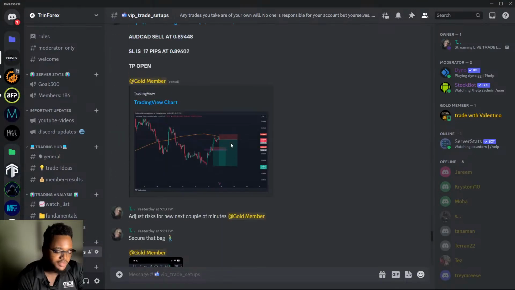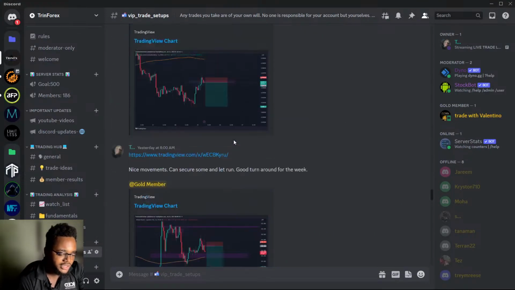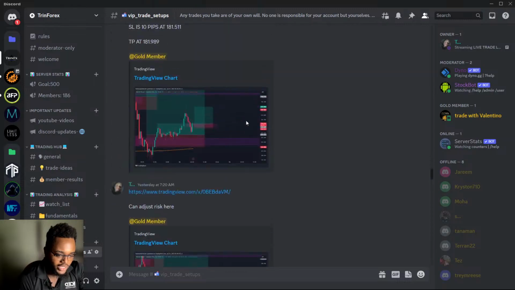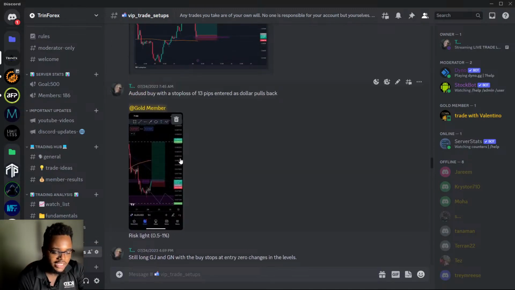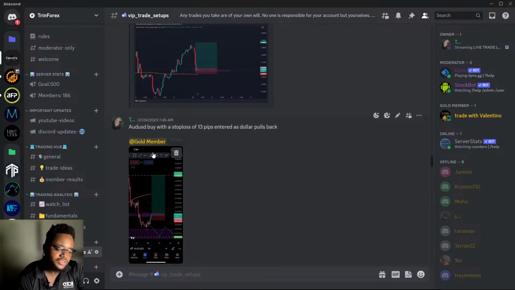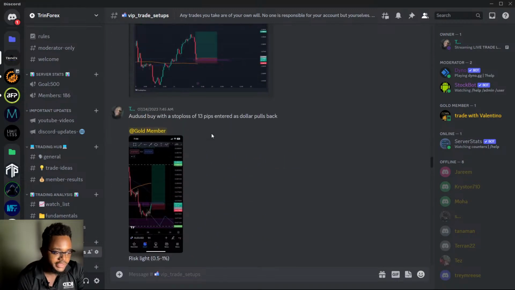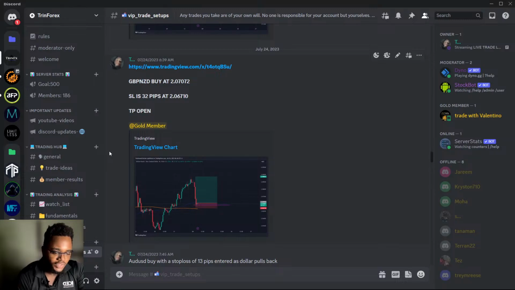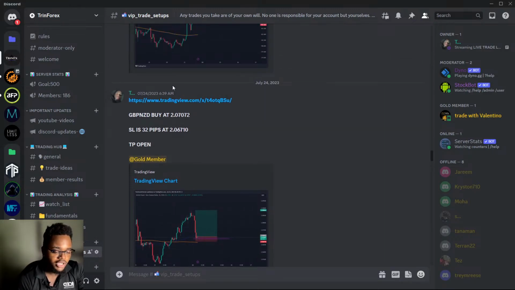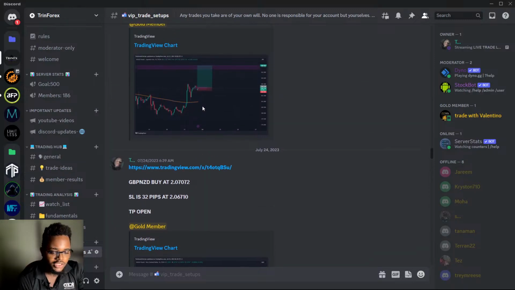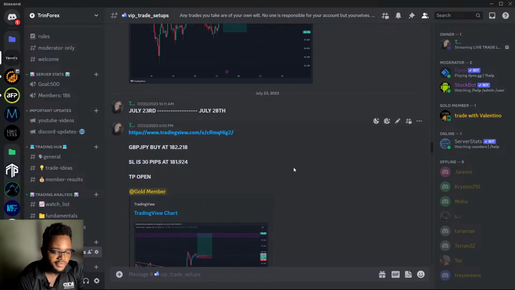There have been multiple times that we've encountered losses here in the VIP group, so I'm not saying that we're strangers to losses. This was one loss where we took 80 USD. It was small, 0.5 to 1%. Unfortunately, the other trade we had, GBP/CAD, was also a loss. Well, not a loss, it was just range bound, and price did end up going down afterwards, but we had already come out of that.